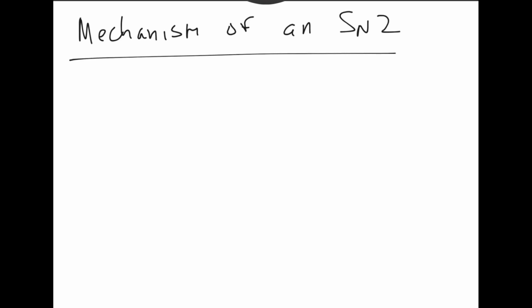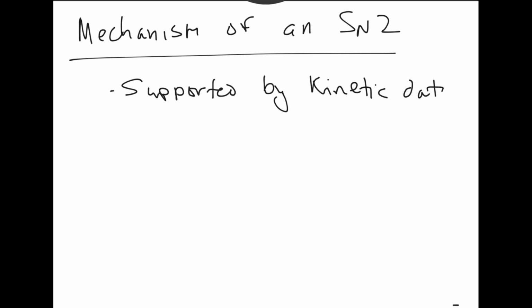So we're going to start with the SN2 reaction. We know the mechanism of an SN2 reaction based on kinetic data, which I know when I say kinetic, everyone goes to the darkest point in Gen Chem 2.